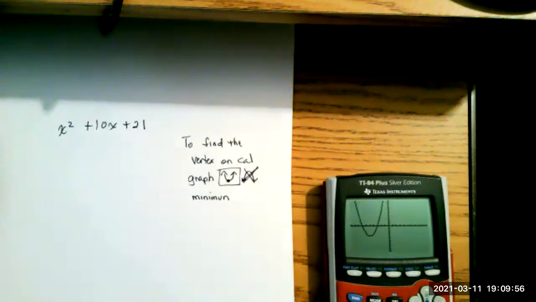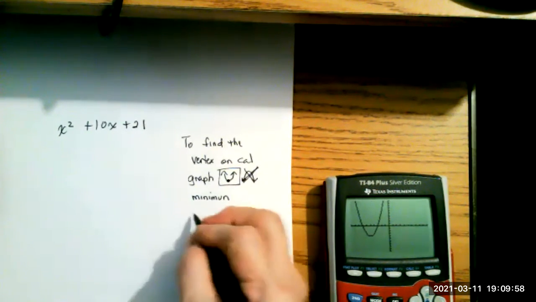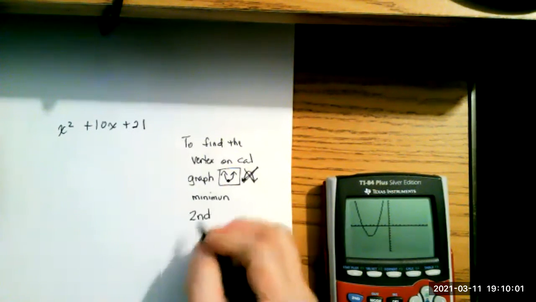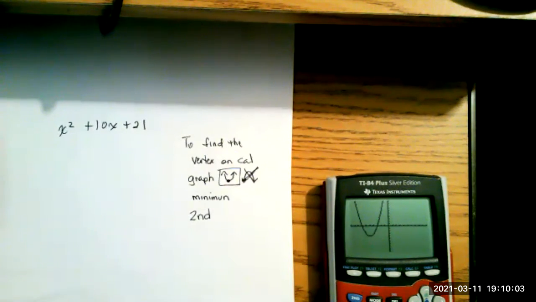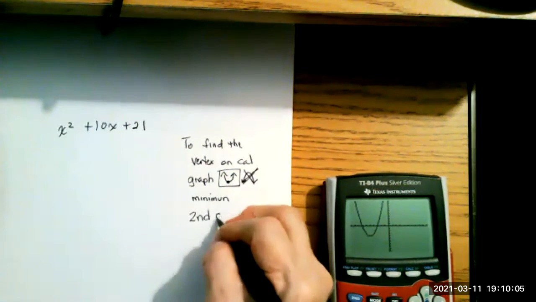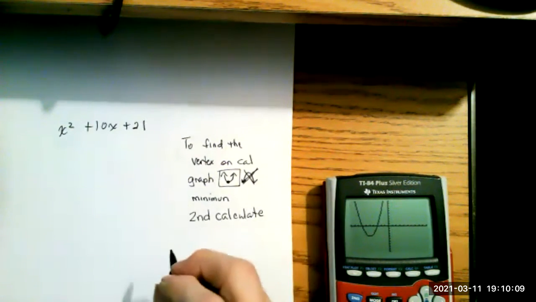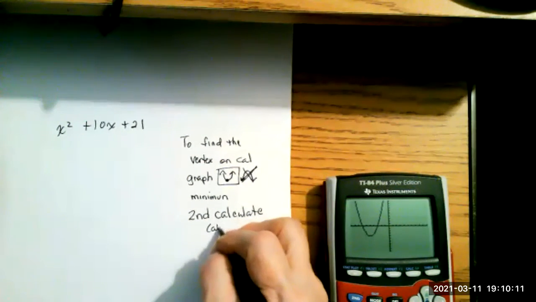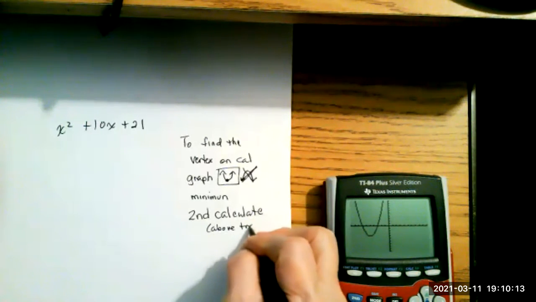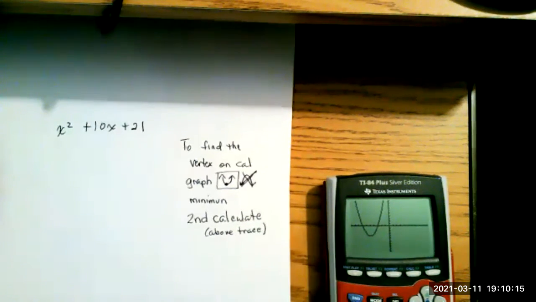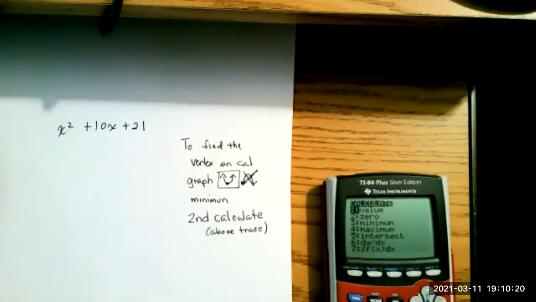Then, once you've graphed it, take the second key and find the one that says calculate, which is above trace. You see it? So I'm going to do second and calculate. And you can see it says value, zero, minimum, maximum, intersection, derivatives, and so on.